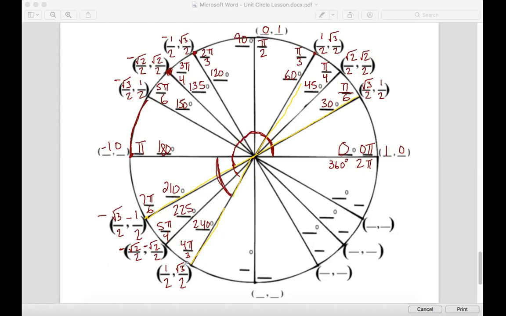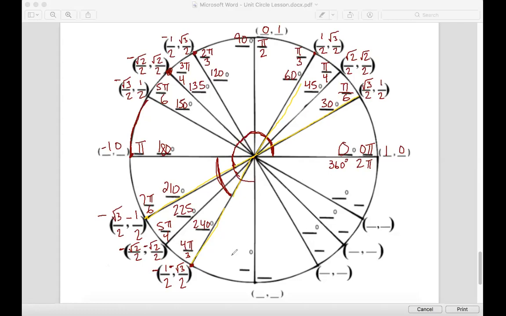And it's 1/2 and root 3 over 2, but they're both negative due to quadrant 3 because to get to this point right here, you had to go left and down. You add another 30 degrees, so now we are here.